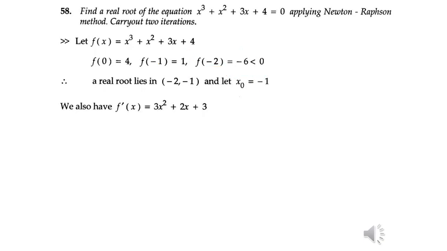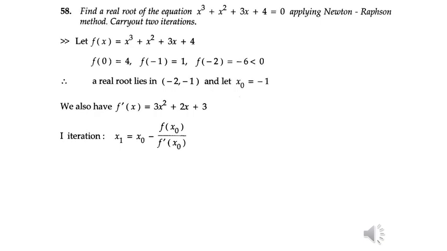For that we require f dash of x. So differentiate f of x. Differentiation of x cube is 3x square. Differentiation of x square is 2x. Differentiation of 3x is 3. And differentiation of 4 is 0, which we have not mentioned.